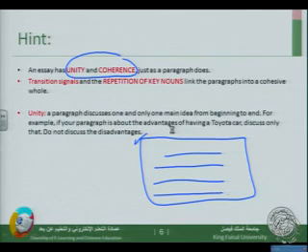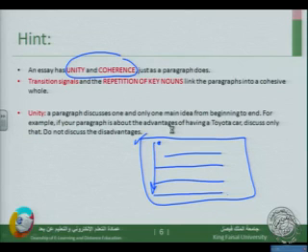There is no need to discuss the disadvantages. So in a paragraph you need to discuss only one main idea from the beginning till the end.